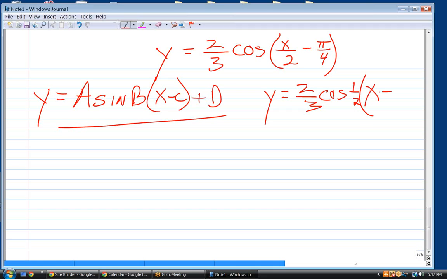Minus what? Pi over 2. You're exactly right. I'm taking pi over 4 and dividing it by 1/2, which is the same as multiplying by 2 over 1. So pi over 2 is correct.